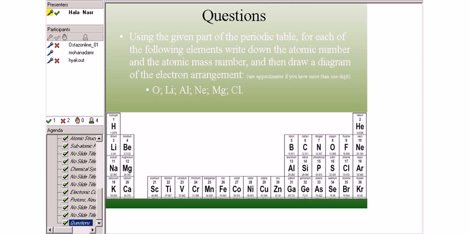Now, I need you to try, Mr. Hassan, the first element, which is oxygen. It's unclear in here, but I'll give you the numbers. So oxygen is 816. Can you do as we've done before, the atomic number?